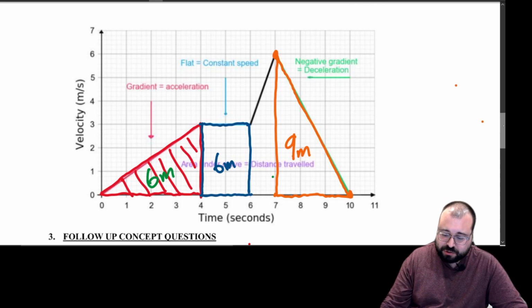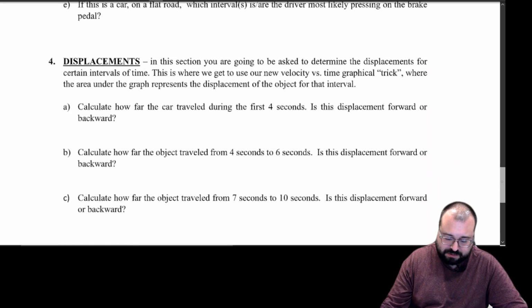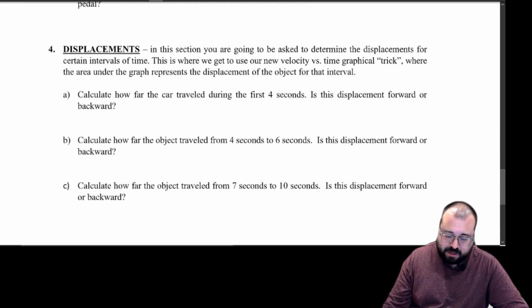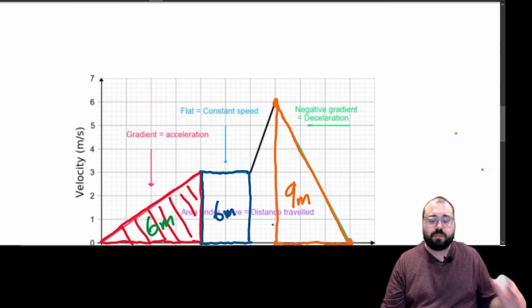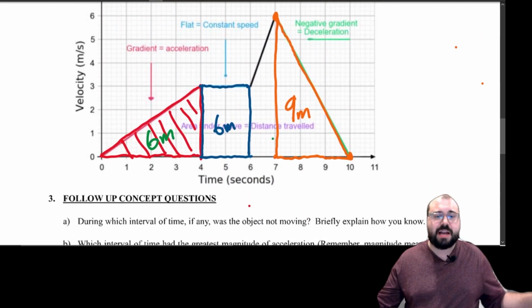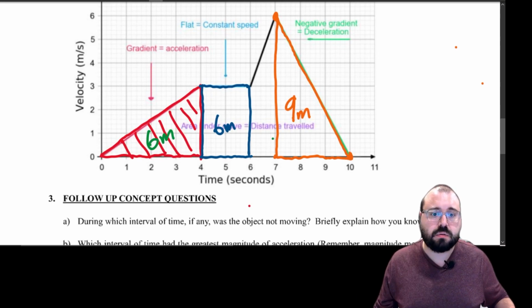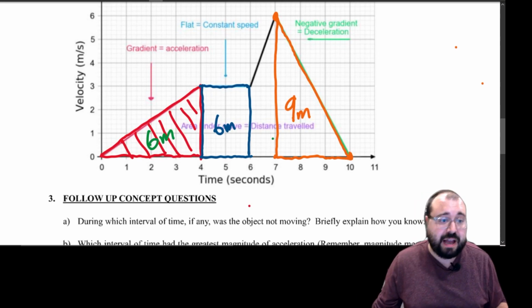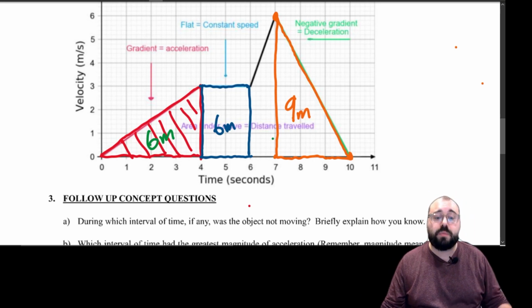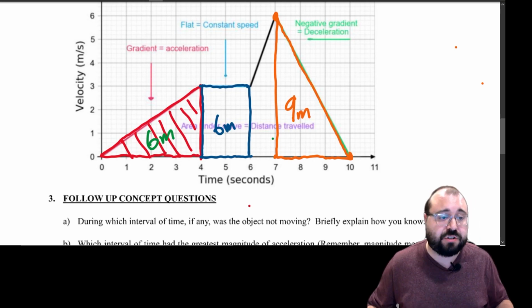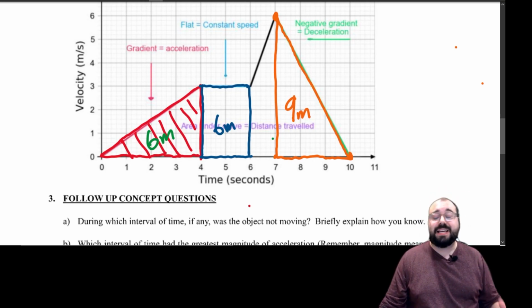Now, I like Mr. Shimberry's question. Great questions, obviously. He's a great teacher. For all of these, he says, is this displacement forward or backward? Well, for all of these, when we plugged them in and did the work, were there any negative numbers involved? No. So mathematically, we could say, oh, we have no negative numbers, right? So that means we were always moving in the positive direction, which in the case of this problem is forward.